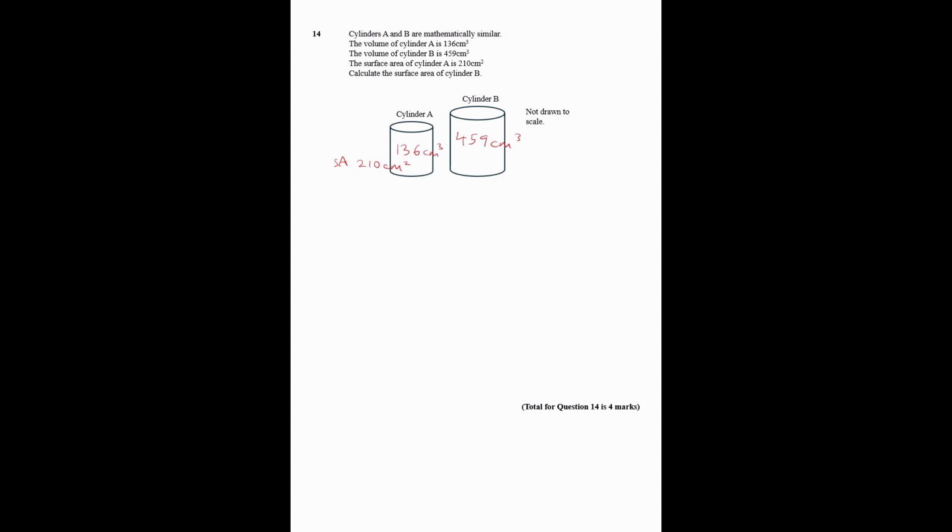For this, we need to work out first of all what the volume scale factor is. So 459 over 136. That's the volume scale factor. 459 divided by 136 is 27 over 8.